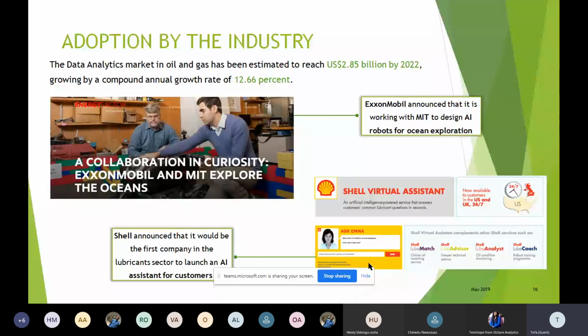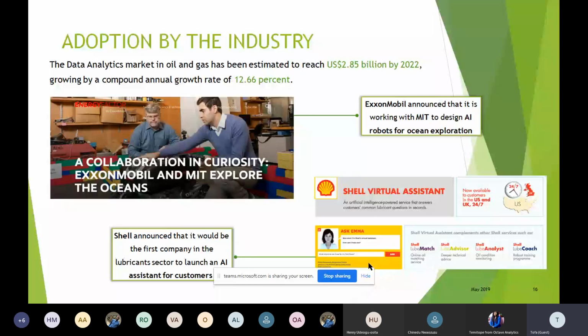So for the ones that I know, companies like Shell have taken some form of AI. We are using virtual assistants already in our downstream sector. So essentially, in the lubricants and domestic fuel businesses.